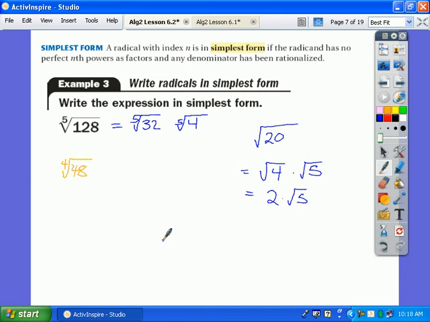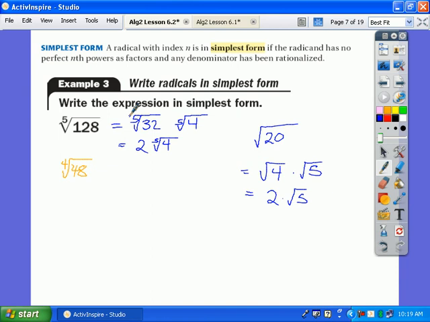But the reason I chose those 2 factors is because the 5th root of 32, 32 is a perfect fifth, and the 5th root of 32 is just 2, so it leaves us 2 with the 5th root of 4. And that is simplified or simplest form.